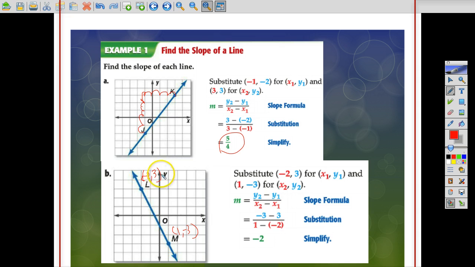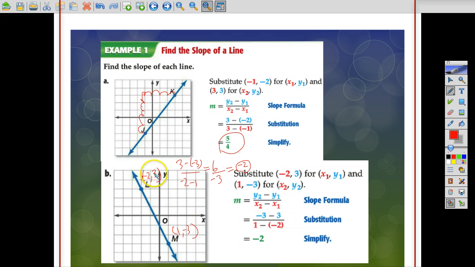Subtract the y's: 3 minus negative 3, which is 6. And on the bottom you have negative 2 minus 1, which is negative 3. 6 over negative 3 is negative 2, and that's what we have here. In the textbook, they did it the other way around.